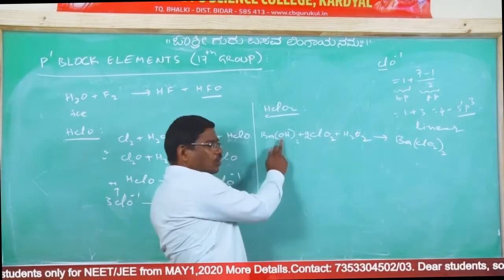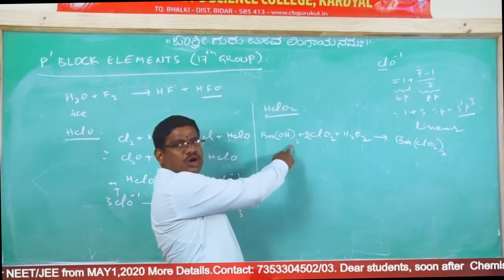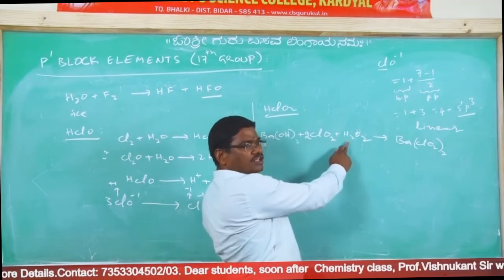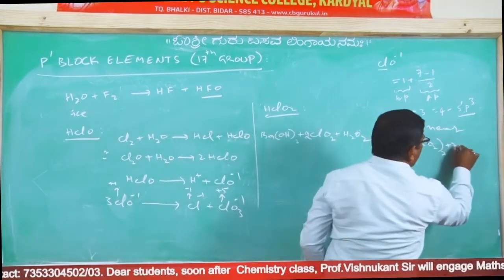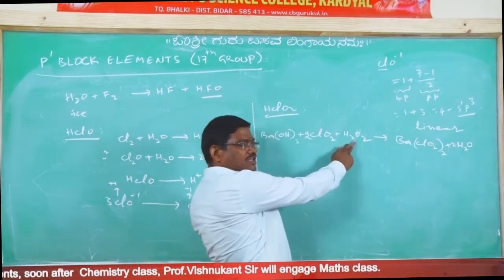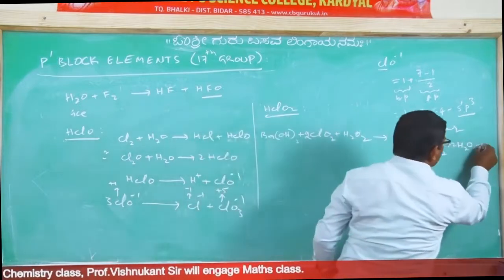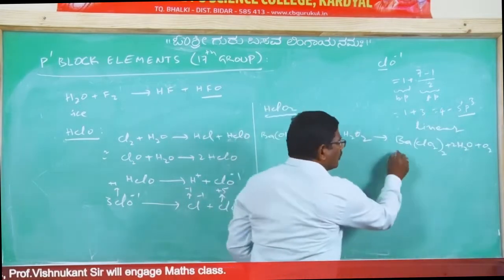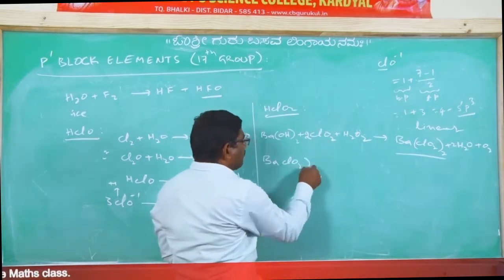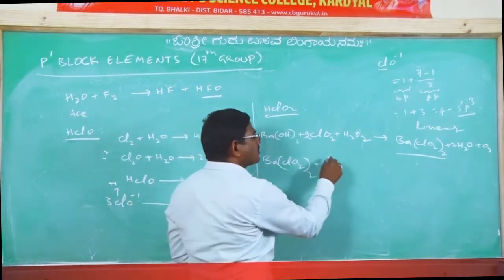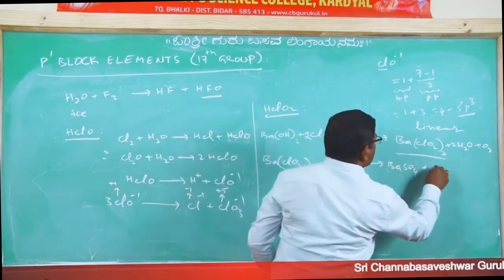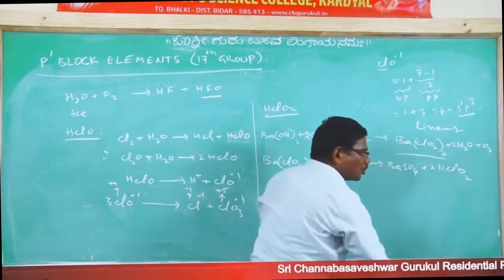If you consider OH taken twice, that is 2 hydrogens, 2 oxygens, from which one water molecule, and from hydrogen peroxide one water molecule. So total 2 moles of H2O. Along with that, here one oxygen is left, here also one nascent oxygen left. Oxygen and oxygen liberate O2. Therefore barium chlorite is formed. This barium chlorite, in the second step with sulfuric acid, gets converted into barium sulfate along with 2 moles of HClO2.